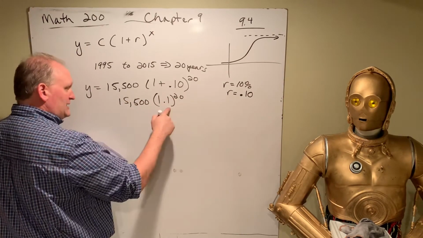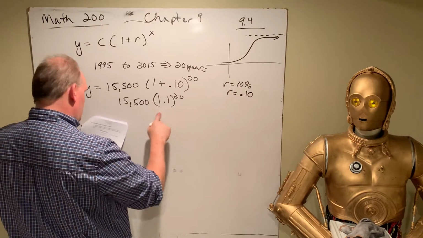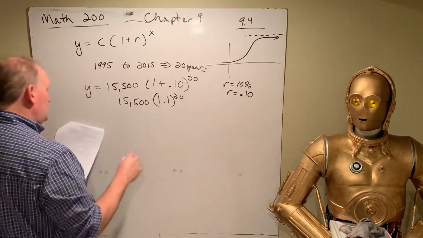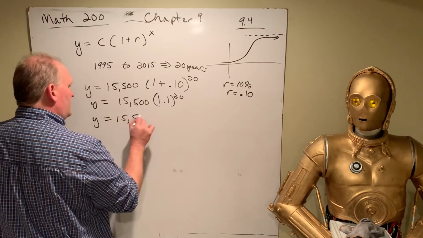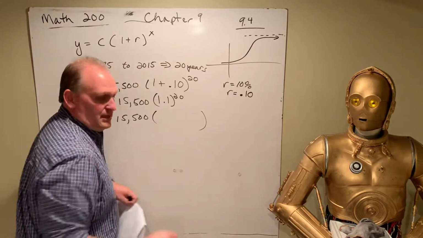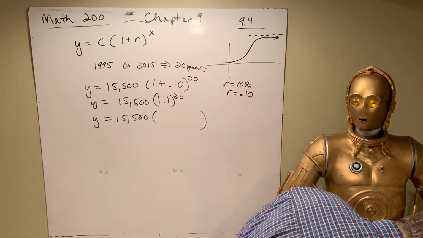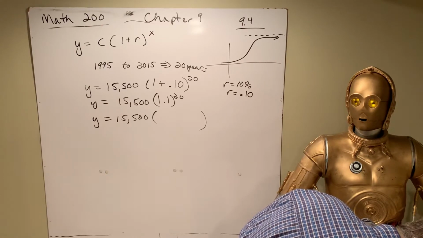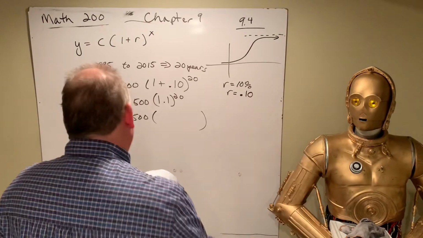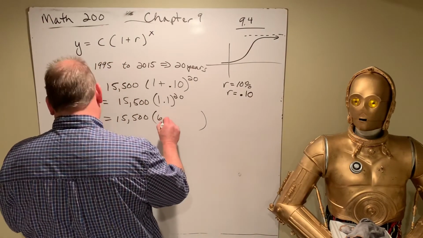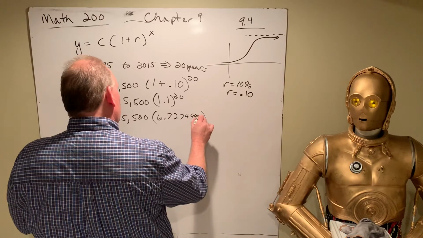Then we do exponents, so let's see what that works out to be. 15,500 times... 1.1 to the 20th is 6.727499949.